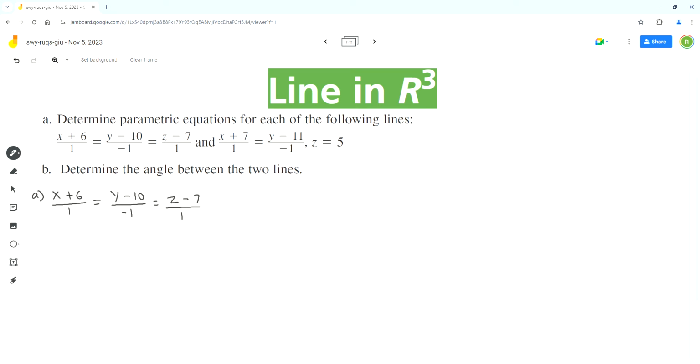We have to use a parameter to change this symmetric form to parametric form. Let's assume the parameter for this equation is m. We have to equate each fraction in the symmetric equation to m and then solve for x, y, and z. So let's start with the fraction with x.